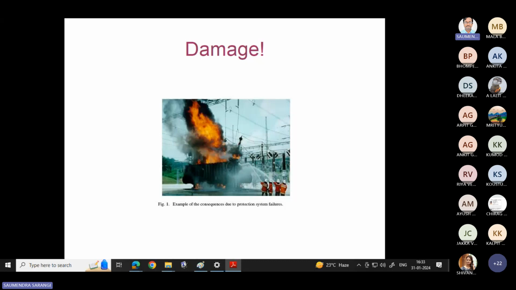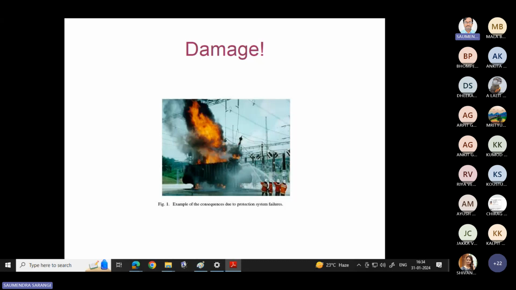The second thing: if you observe in this slide, a transformer is burning because of a fault. Why is it burning? Because we were unable to identify the fault, and when the fault was there, the relay protection system maloperated.